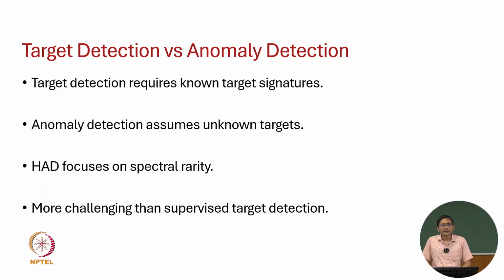And thus, in hyperspectral anomaly detection, the focus is on spectral rarity. That of course doesn't mean that our focus is just on the spectral signature. We also need to take into account the spatial context. That makes the problem even more challenging. And thus overall, hyperspectral anomaly detection is quite a bit more challenging than supervised target detection.